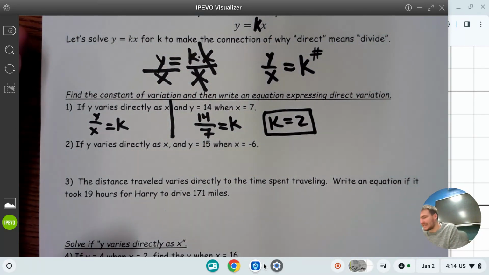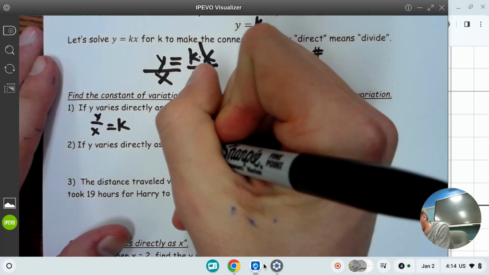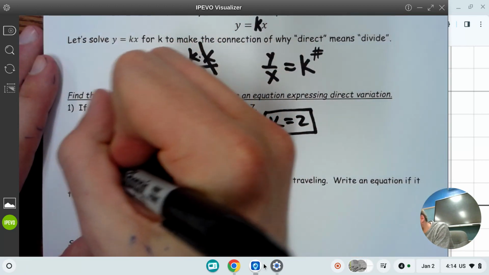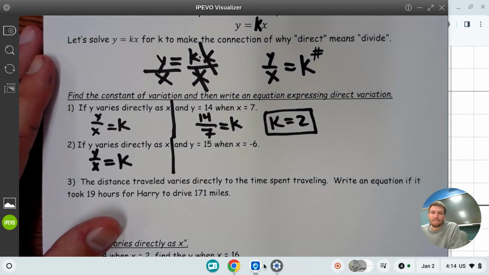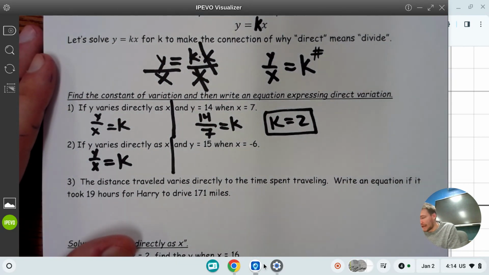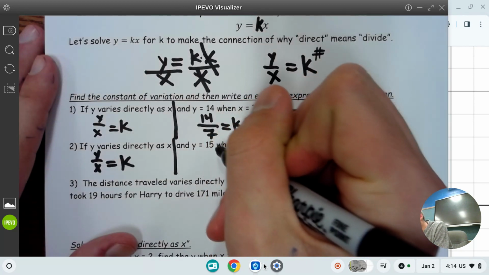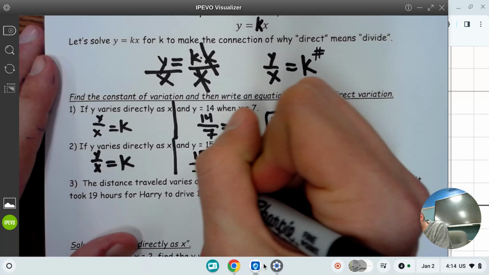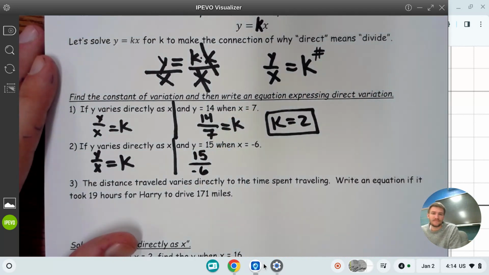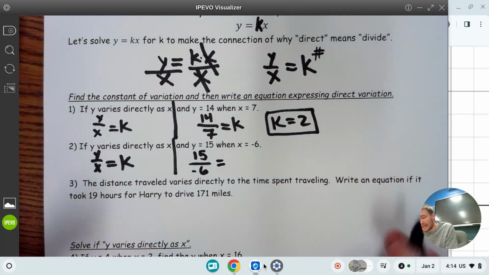Number 2 says, if y varies directly as x, y is 15 when x is negative 6. Okay. Y is 15. X is negative 6. Then that means y divided by x equals k. And what is k?